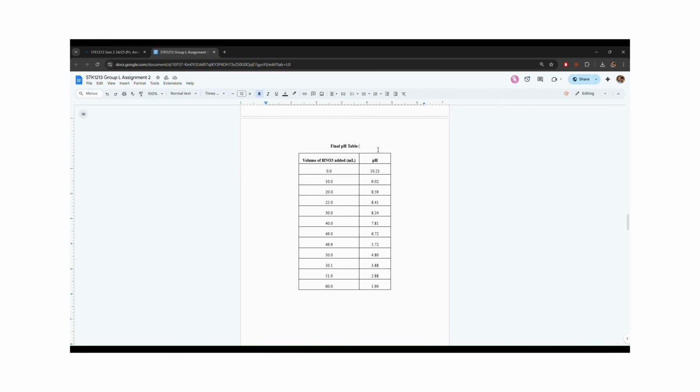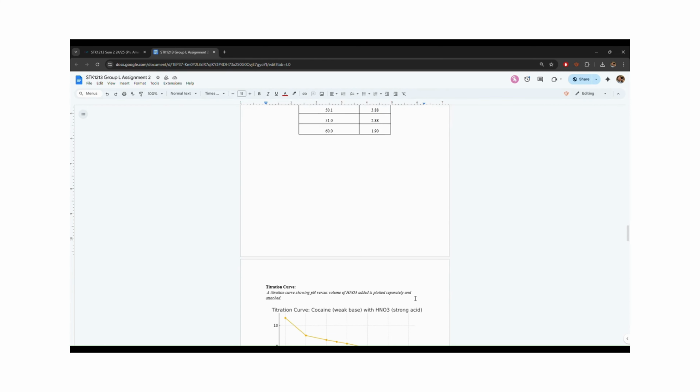After calculating all the listed acid volumes, we can make the final pH table, where for no acid, the pH is 10.21; 10 mL, 9.02; 20, 8.59; 25, 8.41; 30, 8.24; 40, 7.81; 49, 6.72; 49.9, 5.72; 50, 4.80; 50.1, 3.88; 51, 2.88; and finally 60, 1.90.